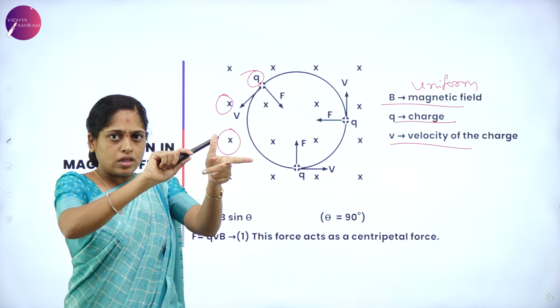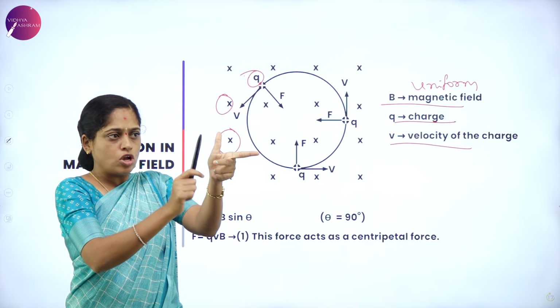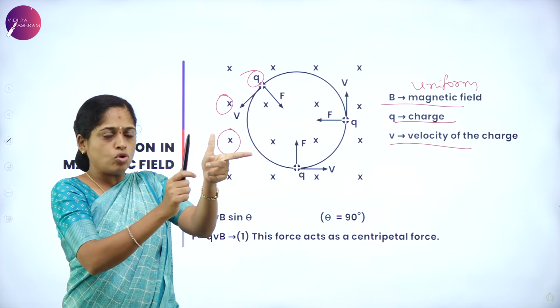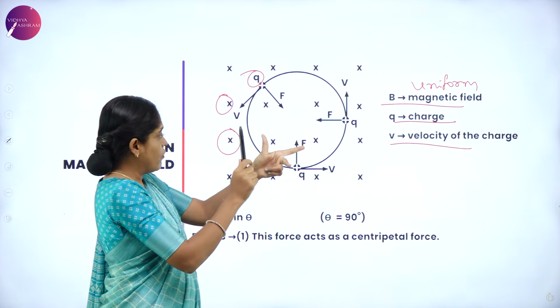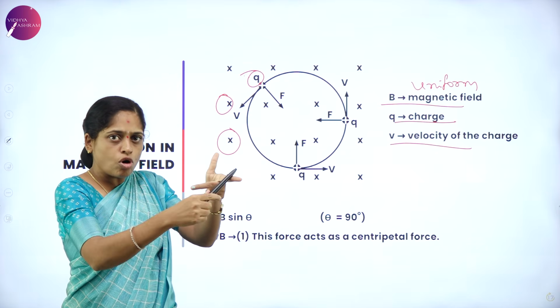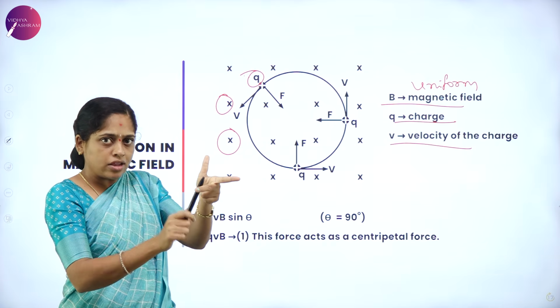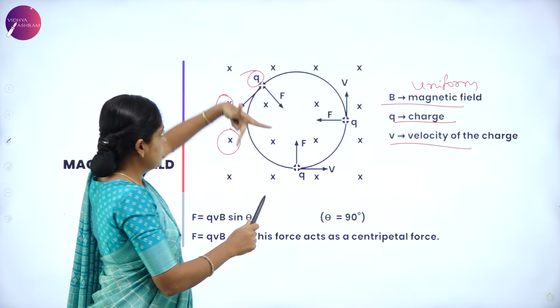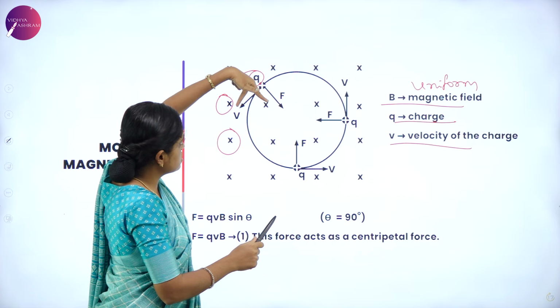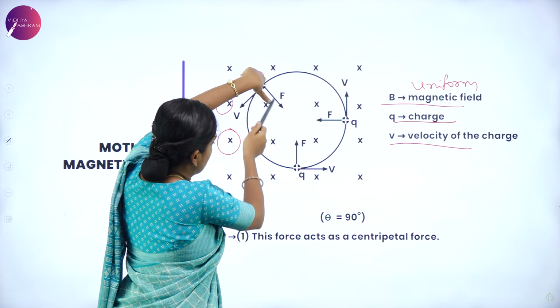So this is the magnetic field and this is the direction of motion of the charge, both perpendicular to each other. When both are perpendicular to each other, the force is also perpendicular to the magnetic field and the direction of motion. Now in this case, this force is towards the center.